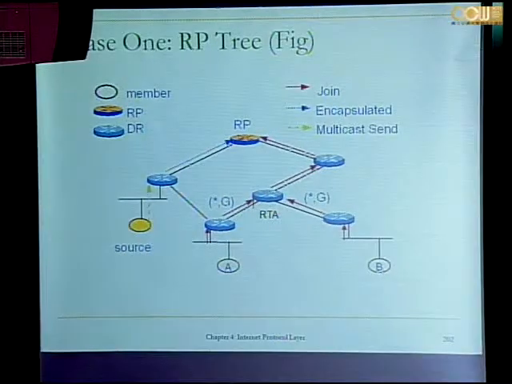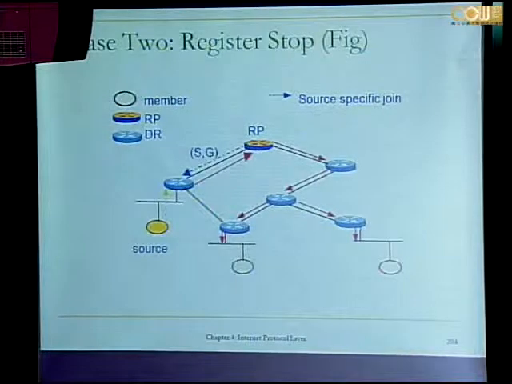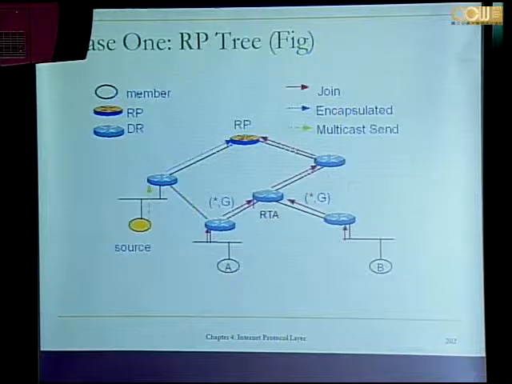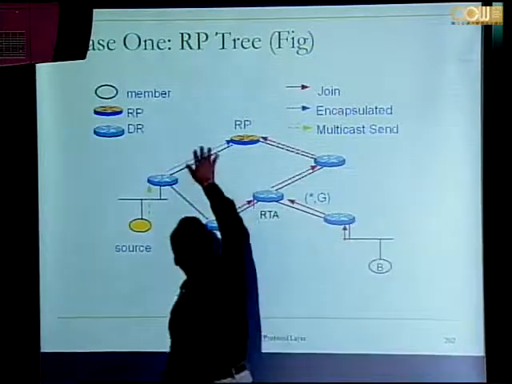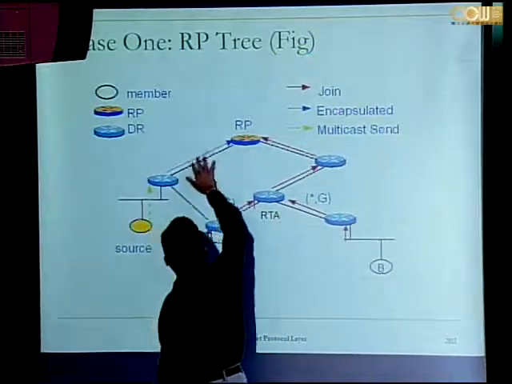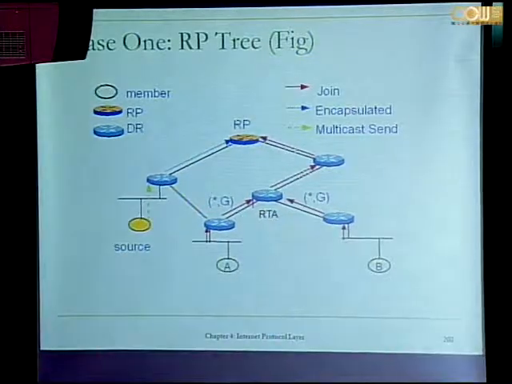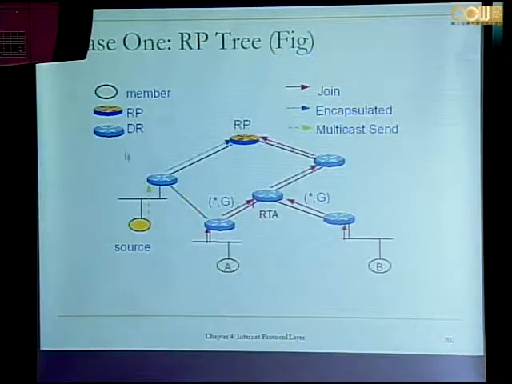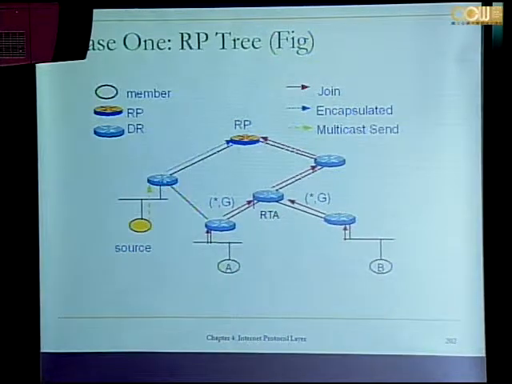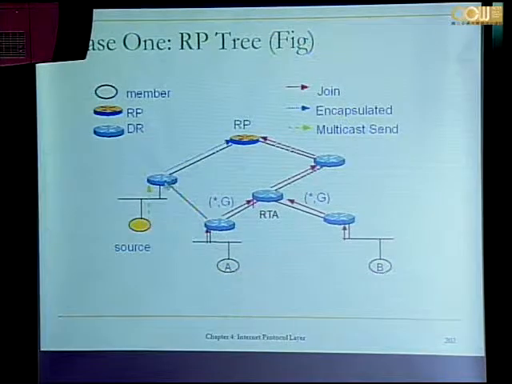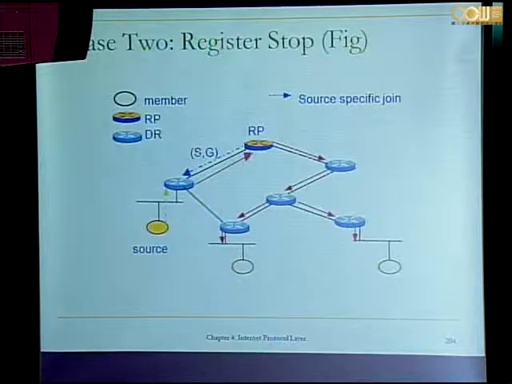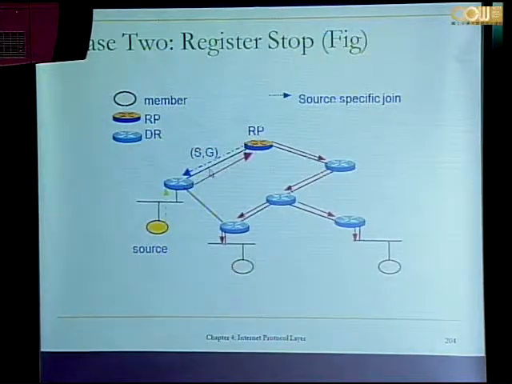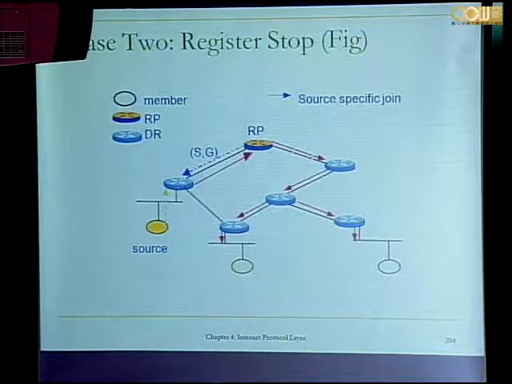So the first improvement is that you don't want to tunnel the traffic. You don't want to encapsulate traffic. Once the RP can send the group-specific join message downward, all the routers along the path between them will know this join membership information.